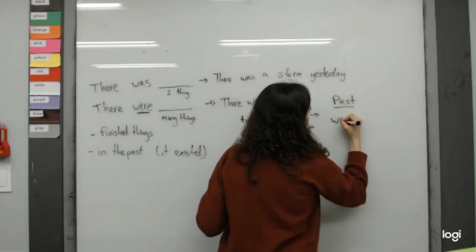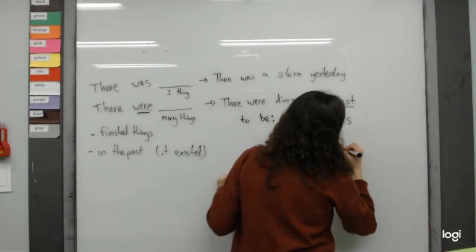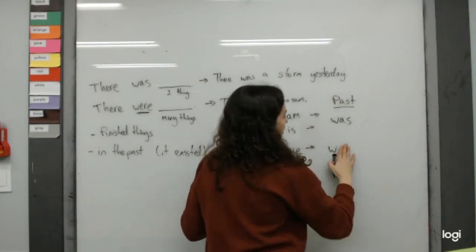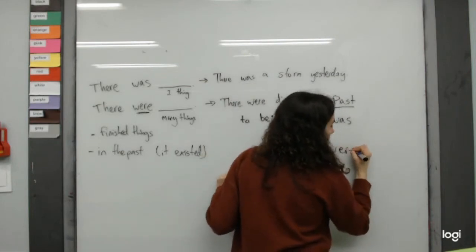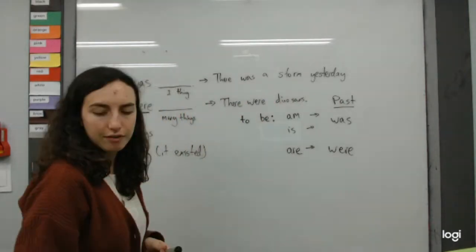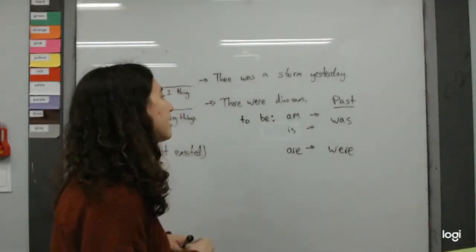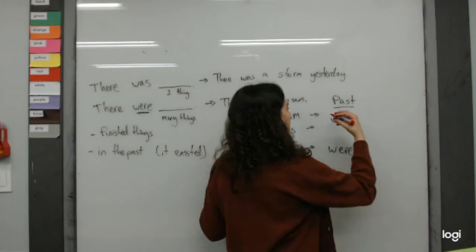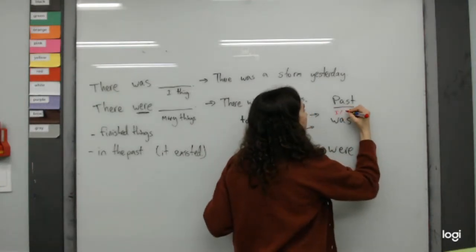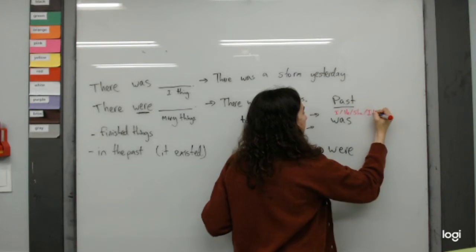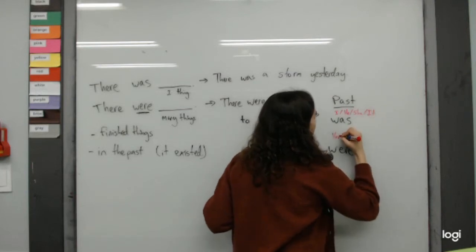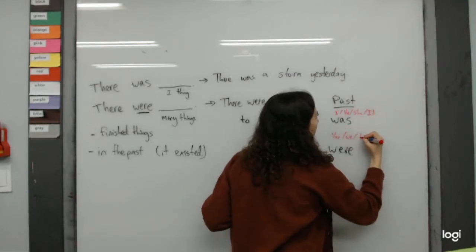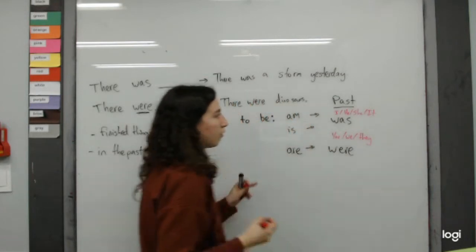So past, we have two forms, was and were. So past of to be, we have was and were. So you can say I, he, she, or it was. And you, we, they were.